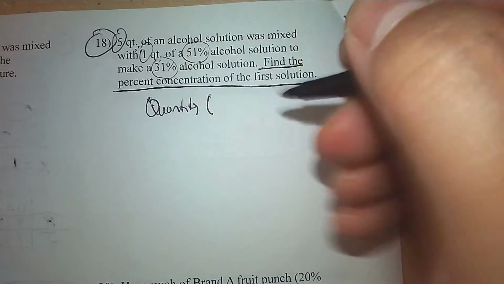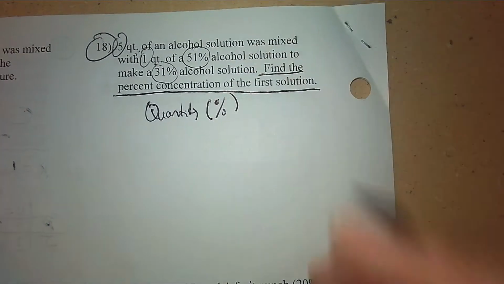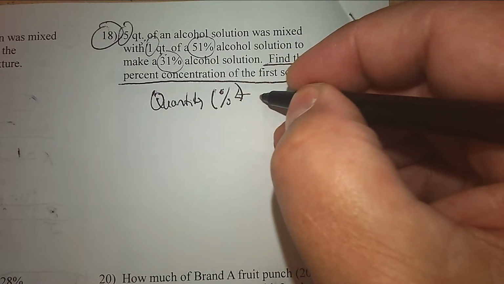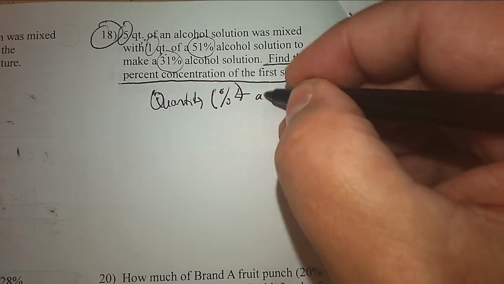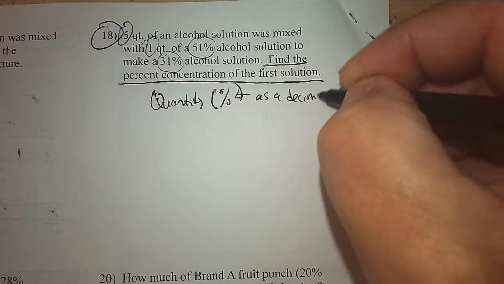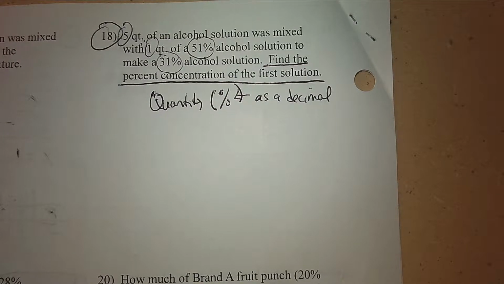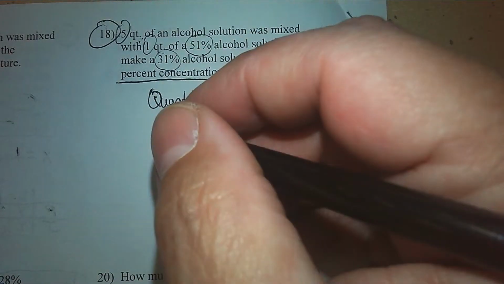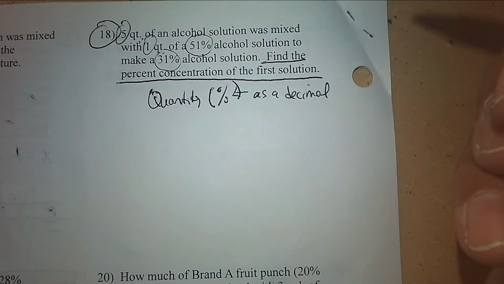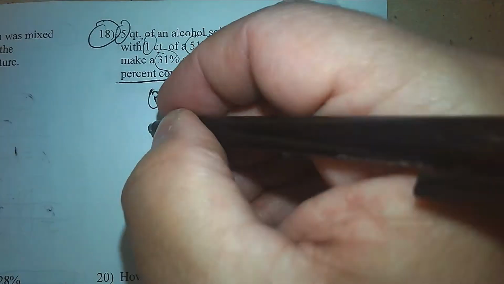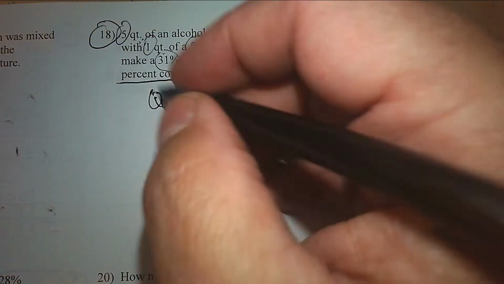And the key here is we're going to take the quantity times the percent, and we have to make sure the percent is a decimal. So how many different solutions do we have here? We have 3 of them, right?